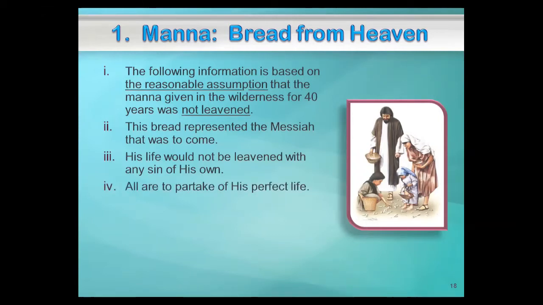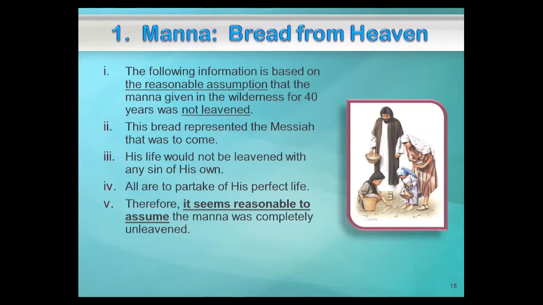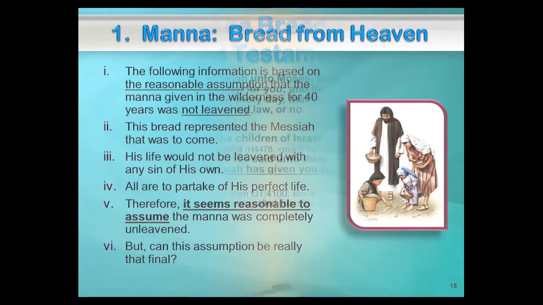And all are to partake of his perfect life, just as they were partaking of the manna in the wilderness. Therefore, it seems reasonable to assume that the manna was completely unleavened. But the question is, can this assumption be final? Really? Can we make an assumption like that and be on the safe side?